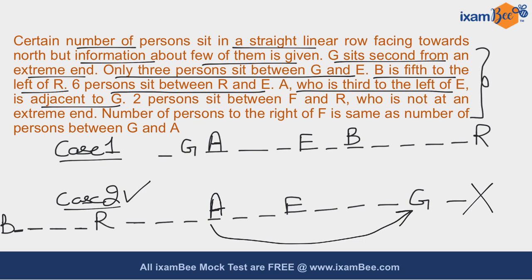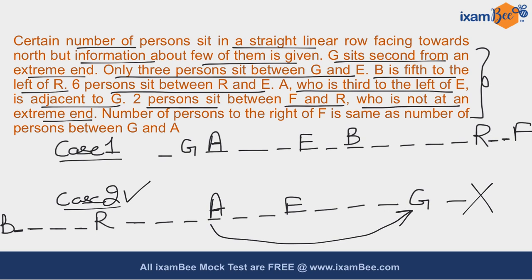Now it is given that you have to place 2 persons between F and R, and you know that R is not at extreme end. So the only possibility where you can place 2 persons between F and R, considering the fact that R is not at the extreme end, is this.